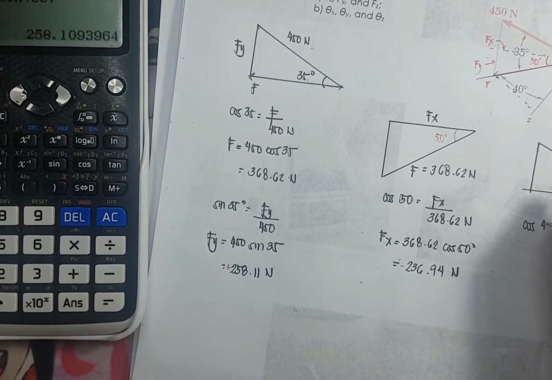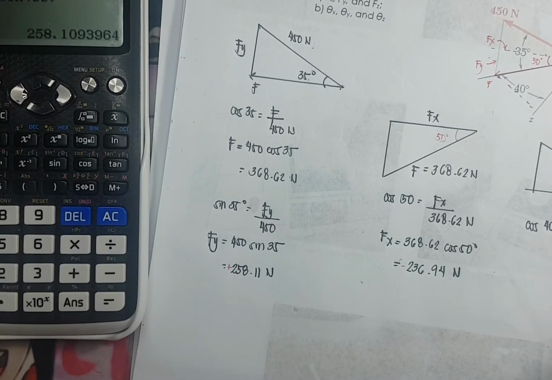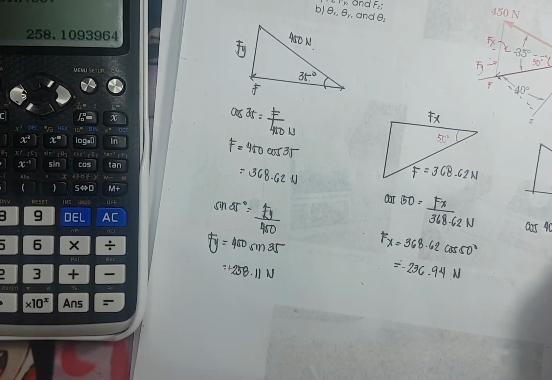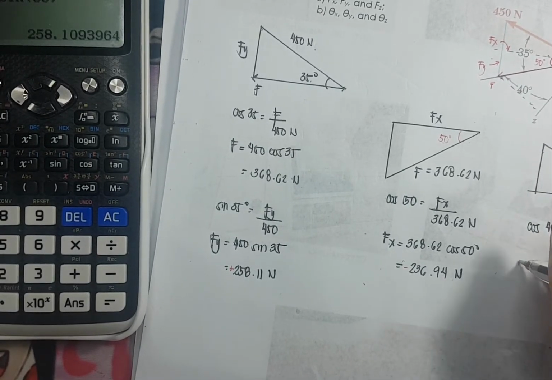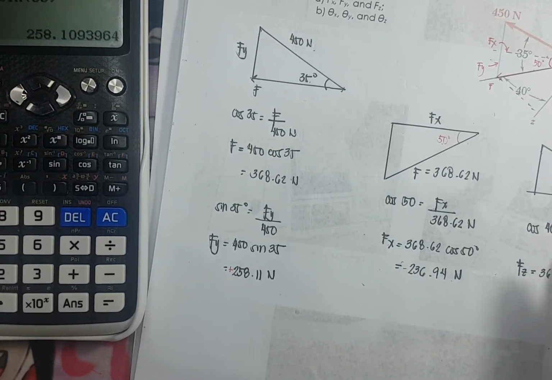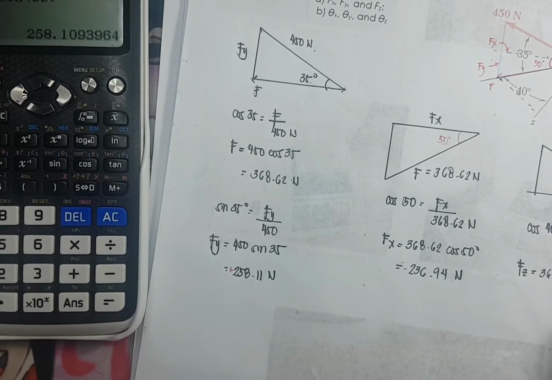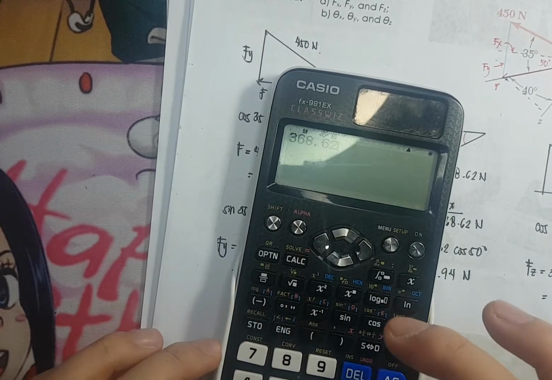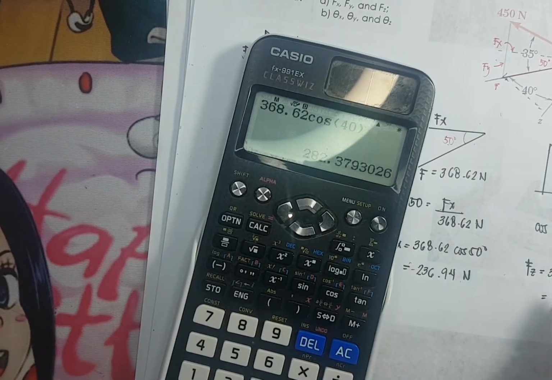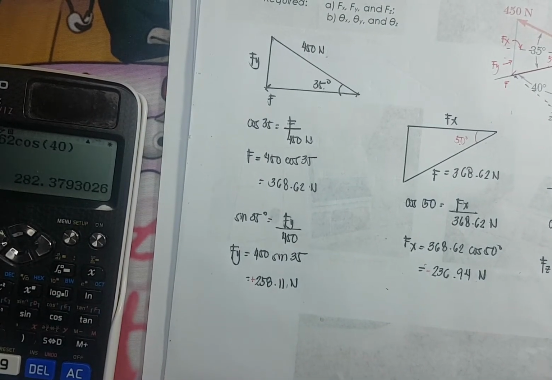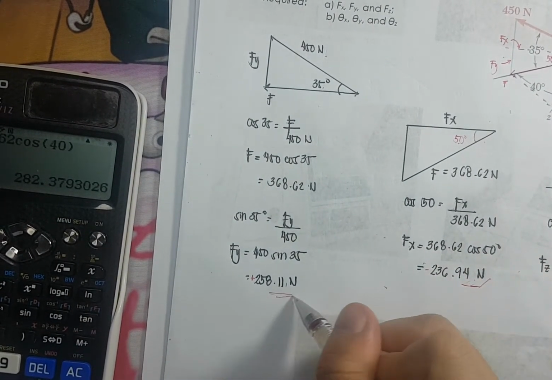Cosine 40 degrees is equivalent to f of z over 368.62. Okay, so cross multiply, f of z is equivalent to 368.62 cosine 40 degrees. F of z therefore is equivalent to 282.38 newtons, and that is our final answer for the coordinates.